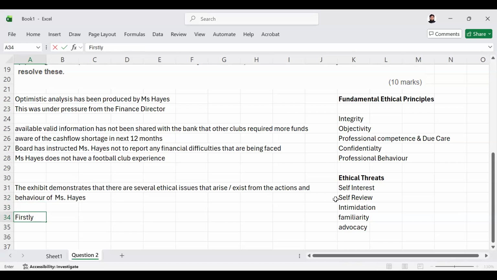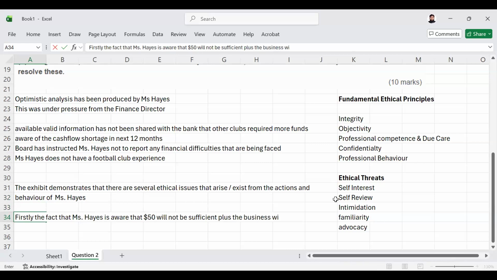Firstly, the fact that Miss Hayes is aware that $50 million will not be sufficient, plus the business will have cash flow issues in the upcoming time period.